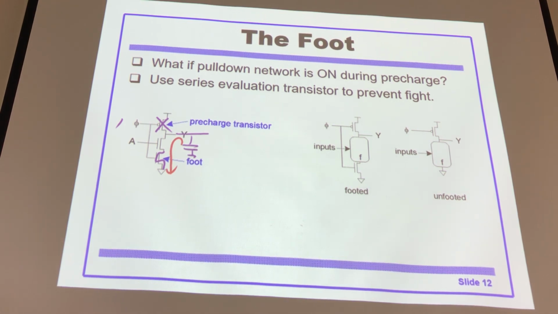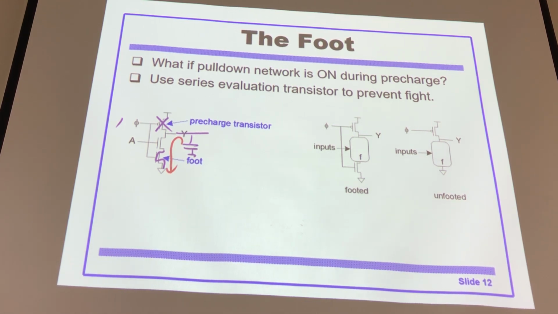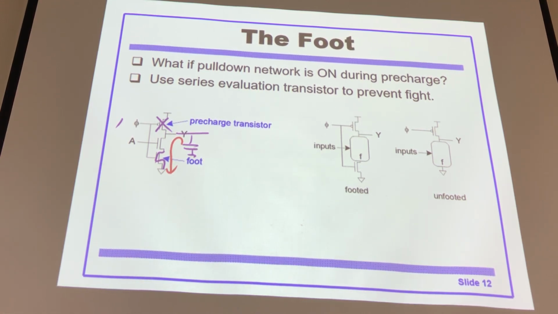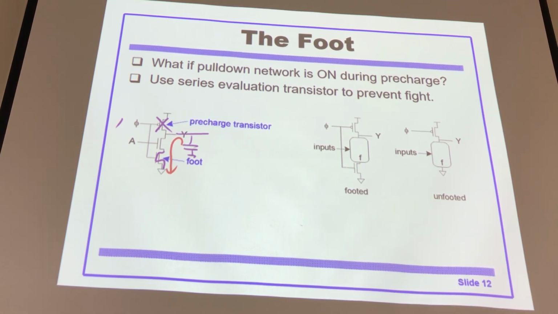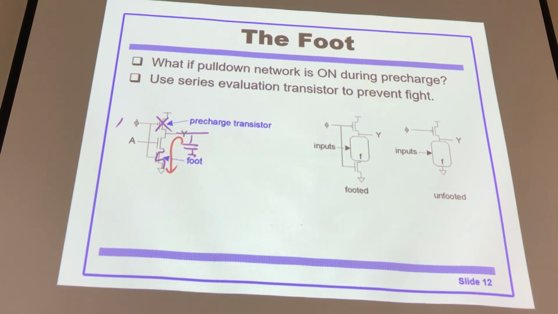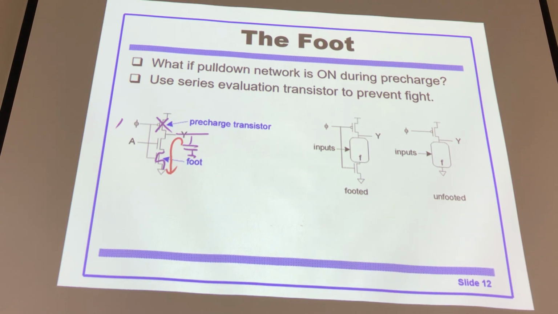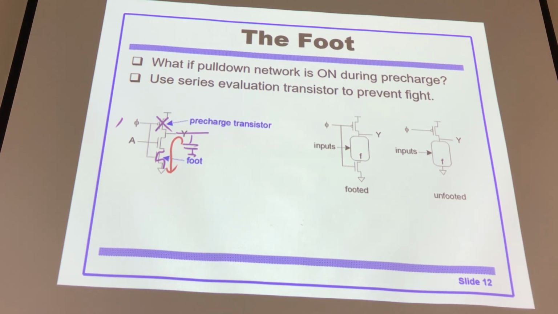How does it compare with static CMOS? Still, in industry, static CMOS is the most popular circuit family. But in some specific areas, in some specific applications, people might use dynamic circuits. Why? How can it be better than static CMOS? What specific purpose?